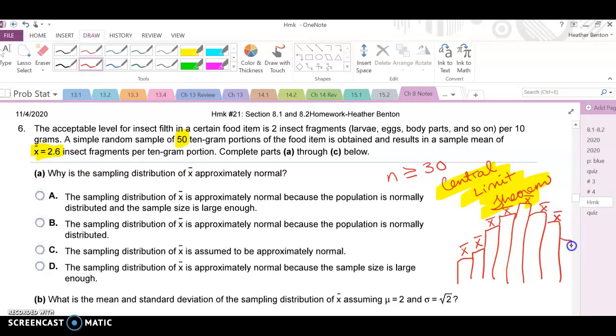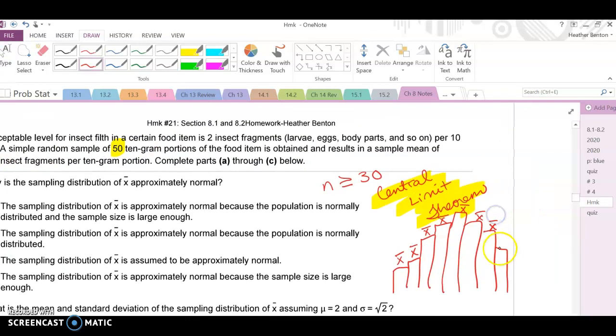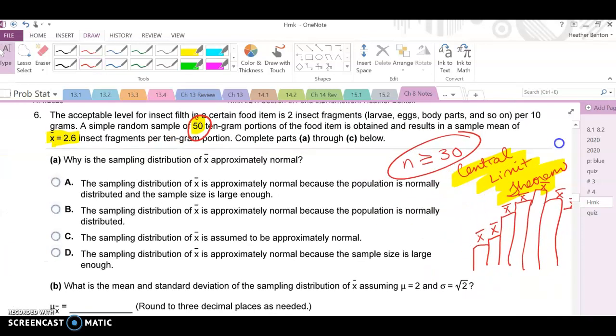And this will work anytime your sample size is greater than 30, our rule of thumb. In this case, our sample size is 50, so we're large enough that it'll work.